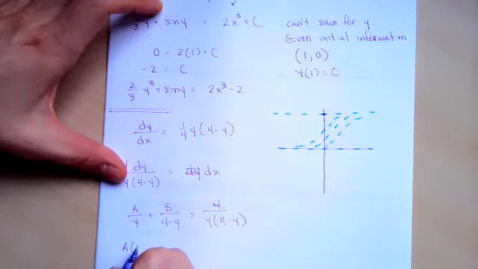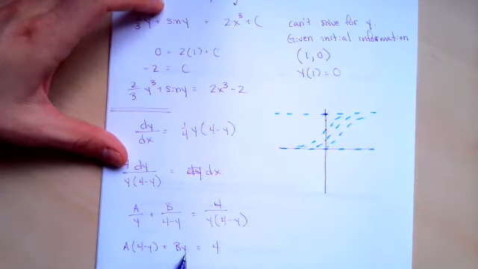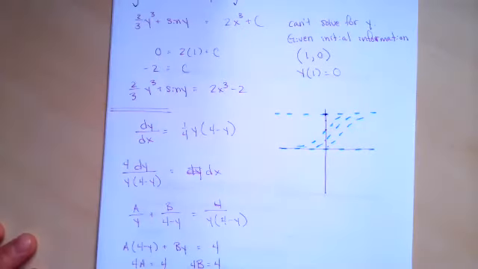We get a times 4 minus y plus b times y is equal to 4. And then we can pick nice values. When y is 0, we get 4a equals 4, so a should be 1. When y is 4, we get 4b equals 4, and so we get b equals 1 as well. So nicely enough, easy constants for this guy.